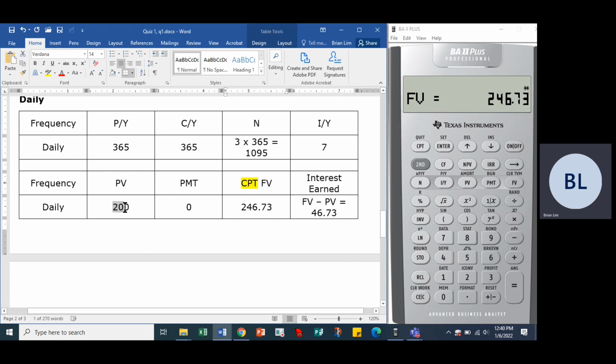That's the present value right there. Future value is 246.73. Present value is 200. We subtract and we get 46.73. Okay, so this is one answer here, and this is one answer over here.